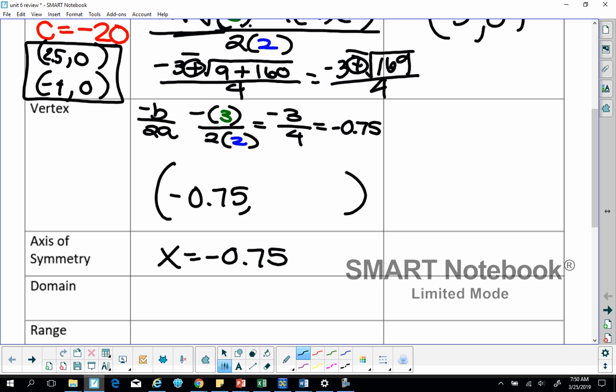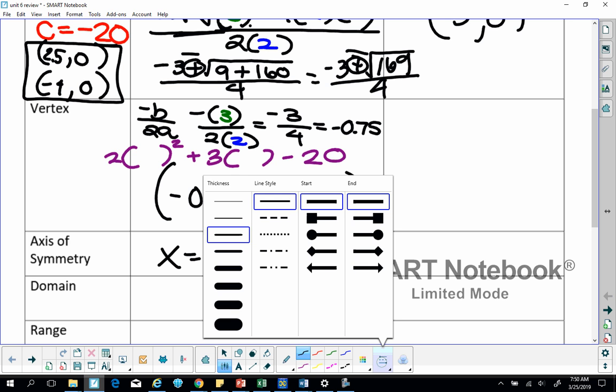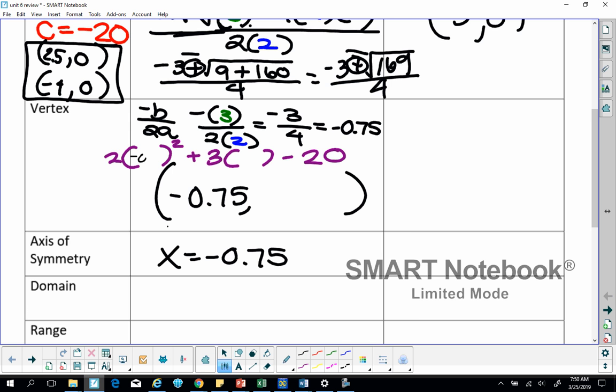To get your y-coordinate, you have to rewrite the original equation and plug in your x value. So here's my original equation. But instead of x, I know my x is -0.75. So I'm going to write that in like this. That's just the original equation from above. When you do that, you type that right into your calculator just like this.